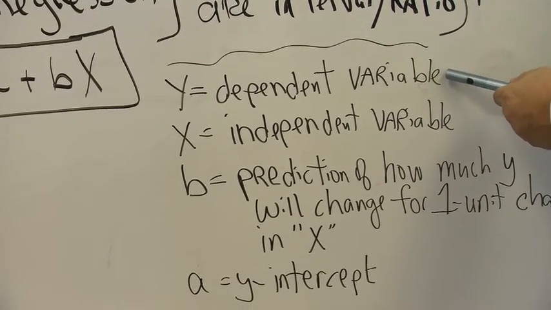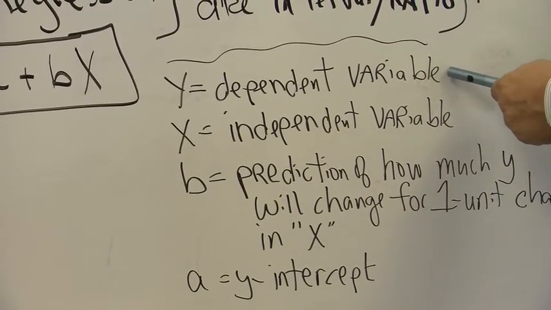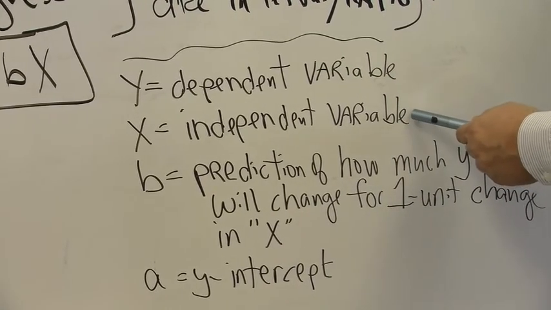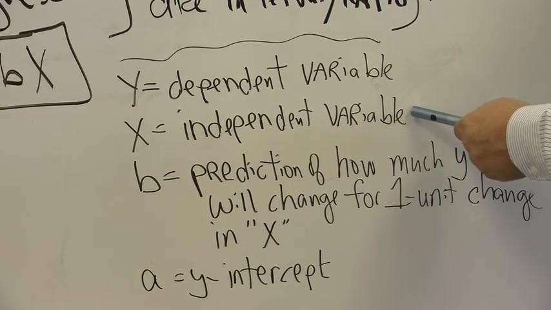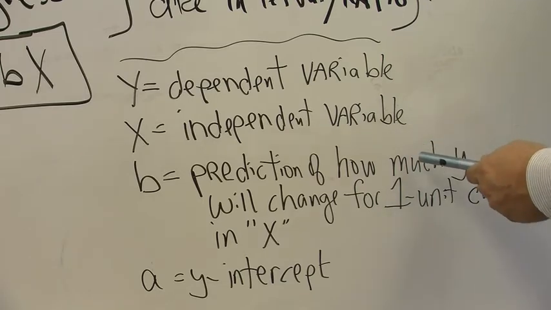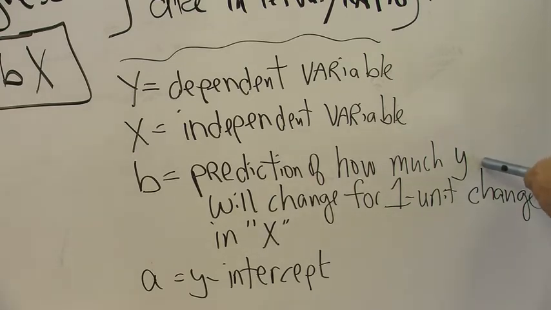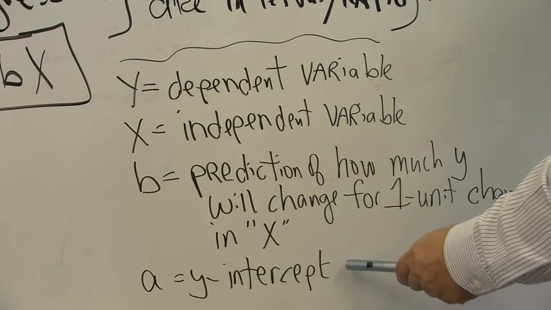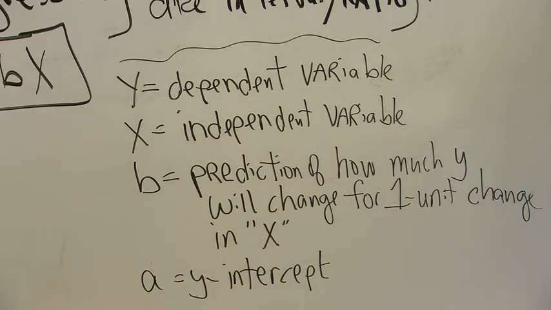In other words, we're trying to predict the value of some dependent variable based upon x, our independent variable, and then the letter b in our formula is the prediction of how much y will change for every 1 unit change in the value of x. And then a is equal to the y-intercept.